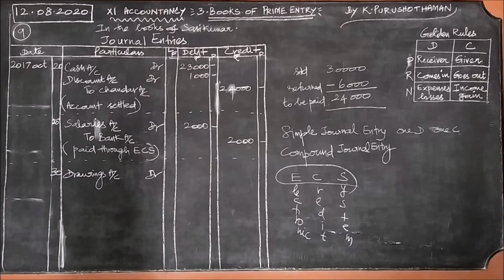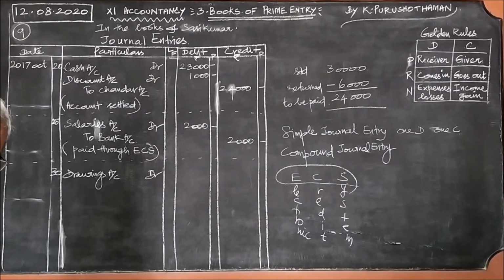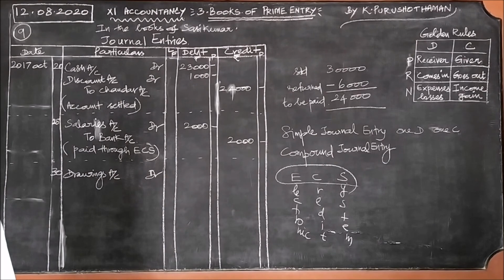Sahil took for personal use goods worth 10,000. It must have been Sasi. It is wrongly printed. Sasi took for personal use goods worth 10,000.